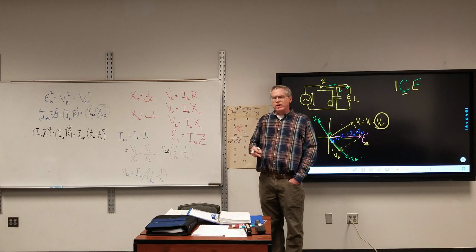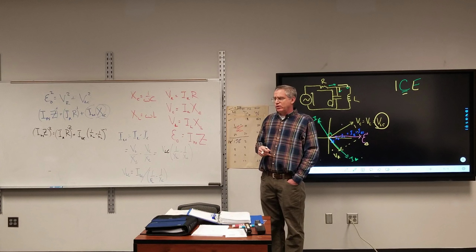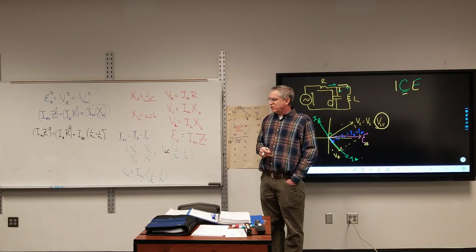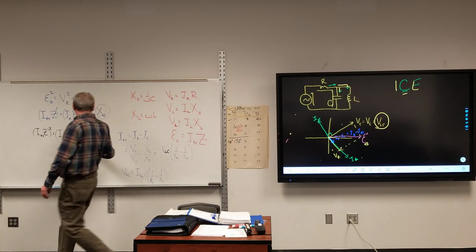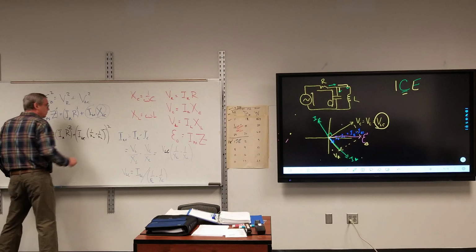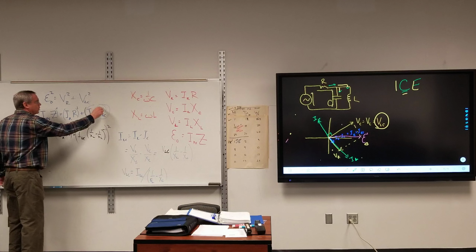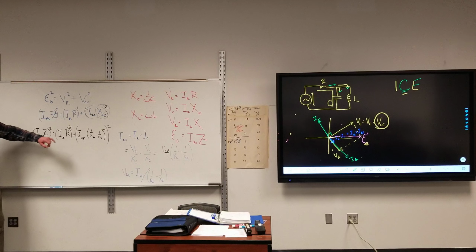Now, we have this current flowing out of the power supply. This is the same current that flows across the resistor, which is the same current that flows into my LC parallel structure. So that's squared. Also squared over here too. So this current and this current are all the same.